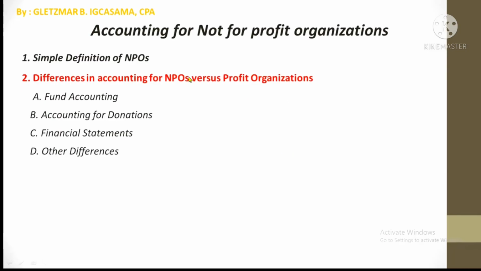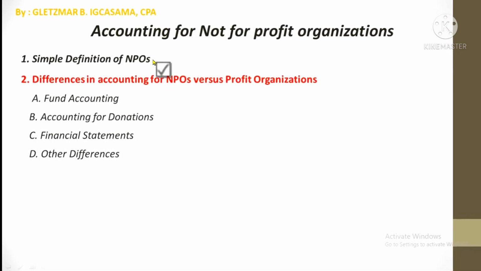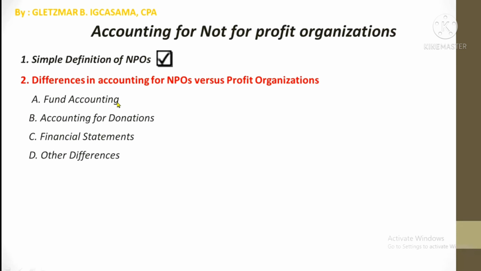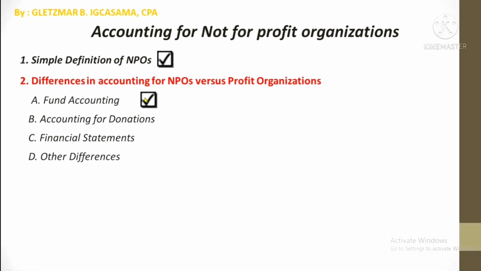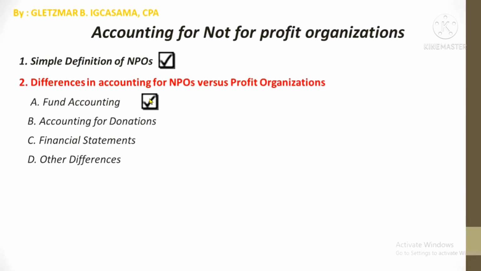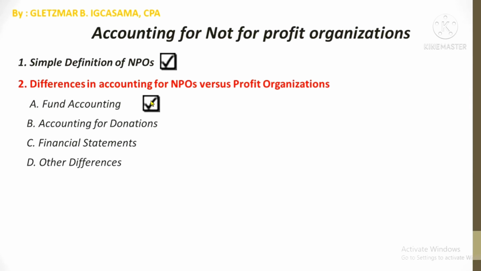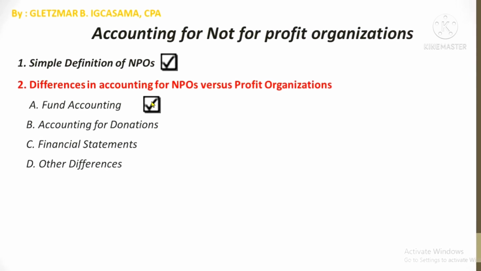To end this video, let's go again to the topics and subtopics. So we finished this one in episode 1, and in episode 2 and episode 3, we talked about fund accounting, which ended with the knowledge that NPOs maintain two types of funds. The unrestricted net assets, which the NPO can use freely.